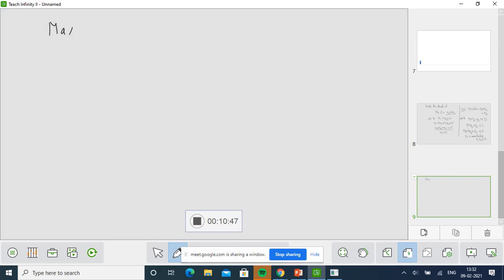Maximize z is equal to 6x1 plus 6x2 plus x3 plus 7x4 plus 5x5.